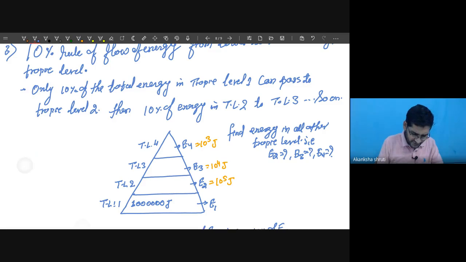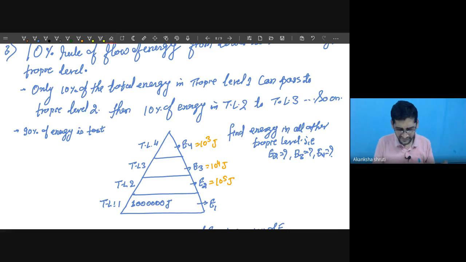So the very first thing is this one: 90% of energy is lost while transferring, or 90% either remains with this level or is lost in others. So only 10% will be available for the higher trophic level, lost or stored in itself.